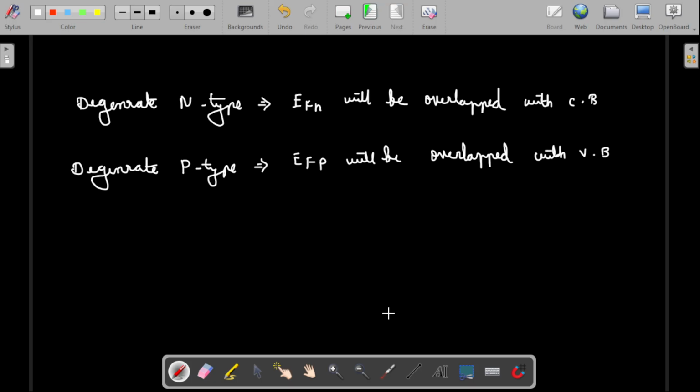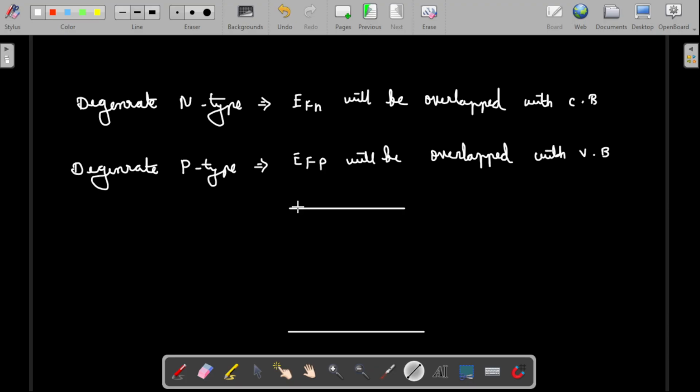Let me draw one small diagram so that you are able to understand the degenerated semiconductor more clearly. Let me draw the conduction band, the lower level of the conduction band, and the upper level of the valence band.